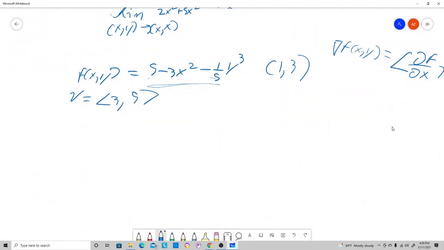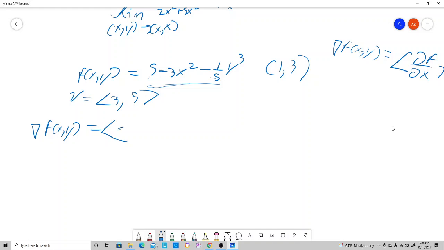So if we apply this, if we say the partial derivative of f of x and y, all we have to do is do one thing at a time. The first thing is the x component, of course. So we're going to differentiate this function with respect to x. Again, we can treat everything else as a constant except the x, so the 5 and the y's can go away.